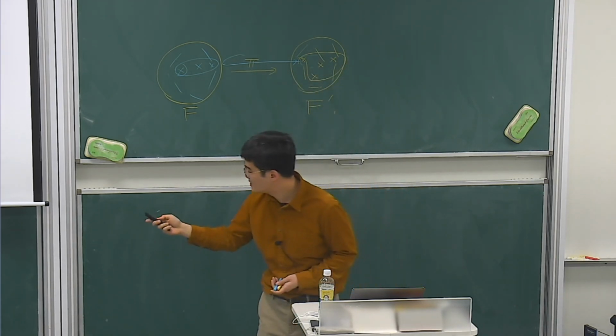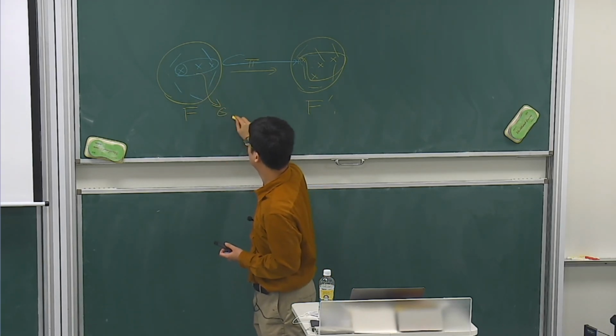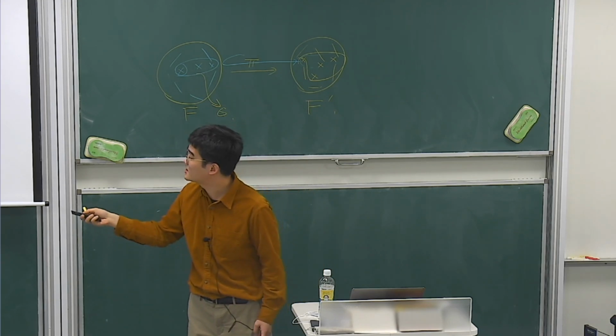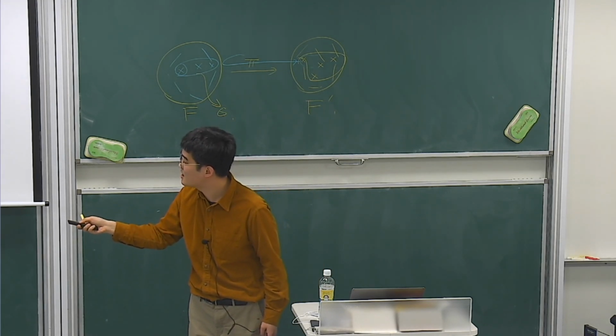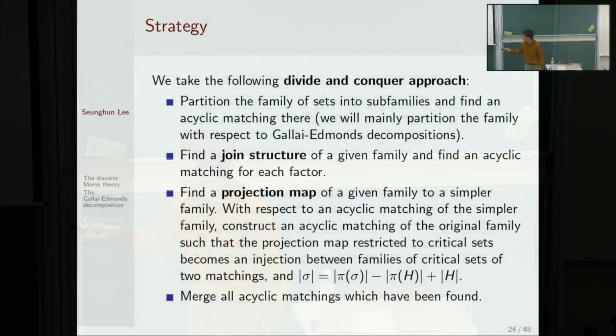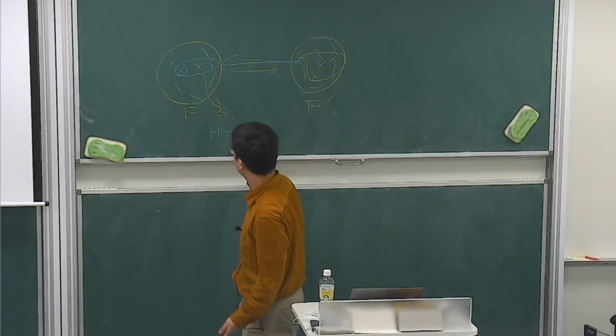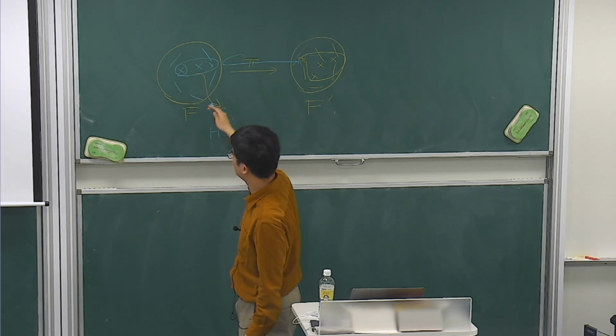And if we consider a critical set in here, the size satisfies this condition. Actually, the image of sigma is also a critical set, and it satisfies the following condition, where H is assumed to be contained in all the sets in the family.